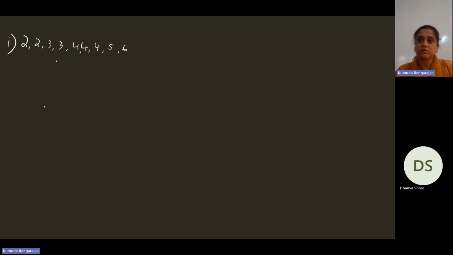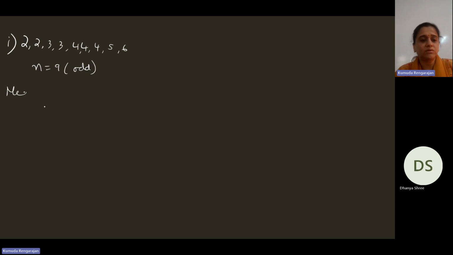The median and mode. So these are the observations in ascending order: 1, 2, 3, 4, 5, 6, 7, 8, 9 positions. n is equal to 9, which is odd.